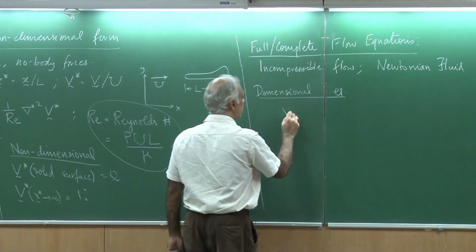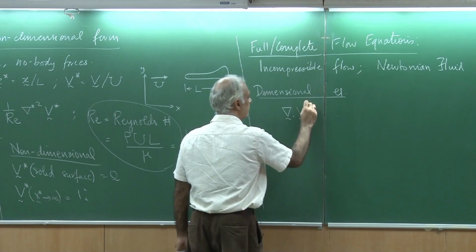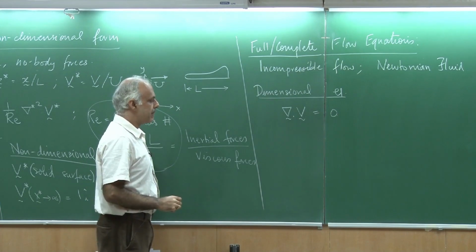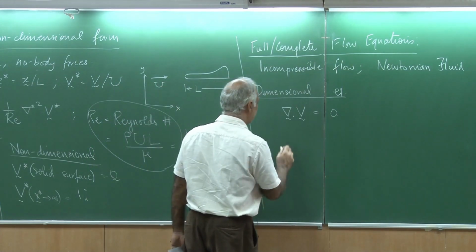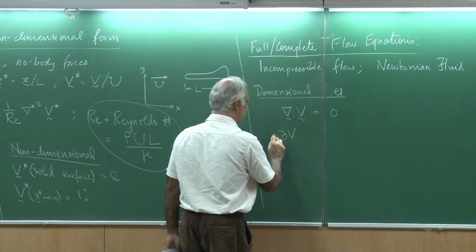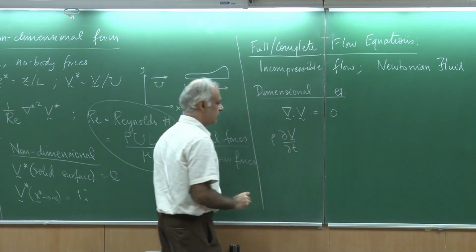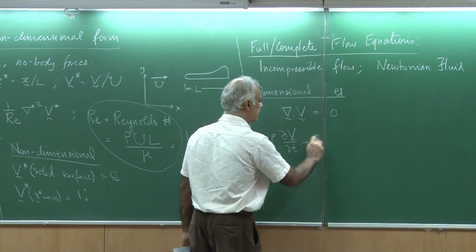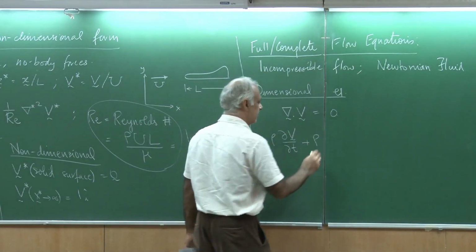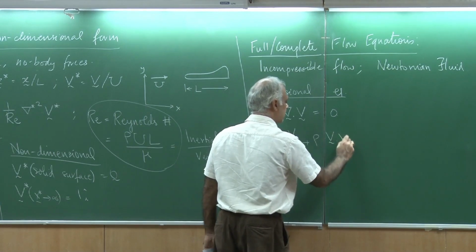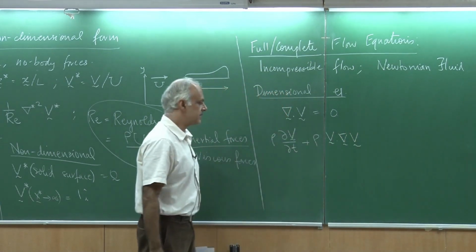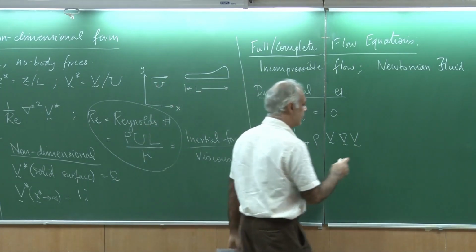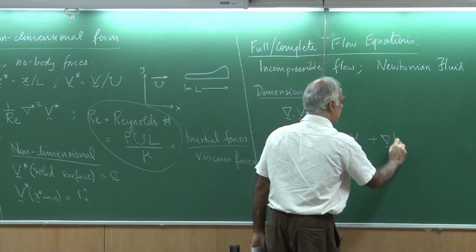And these equations are: divergence of V is 0. That's my continuity equation. And then I can also write down my momentum equation, which is rho del V del t, so that's the unsteady term, the Eulerian acceleration, plus the convective term, which is rho V dot gradient of V. So these two constitute rho times the material acceleration, we have seen them before, plus a gradient of pressure.